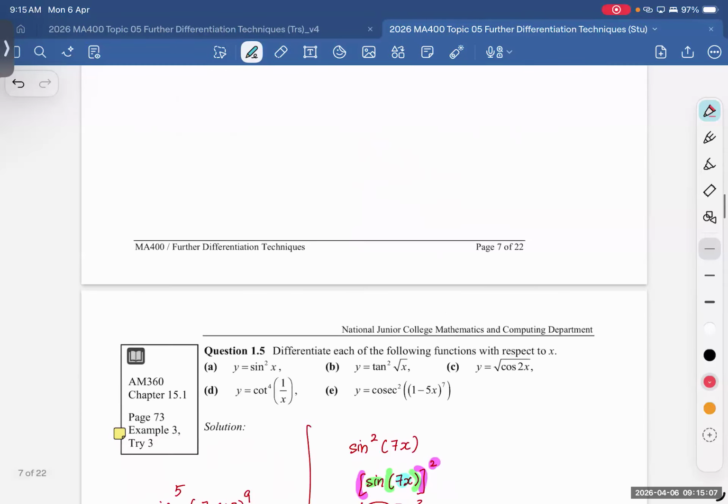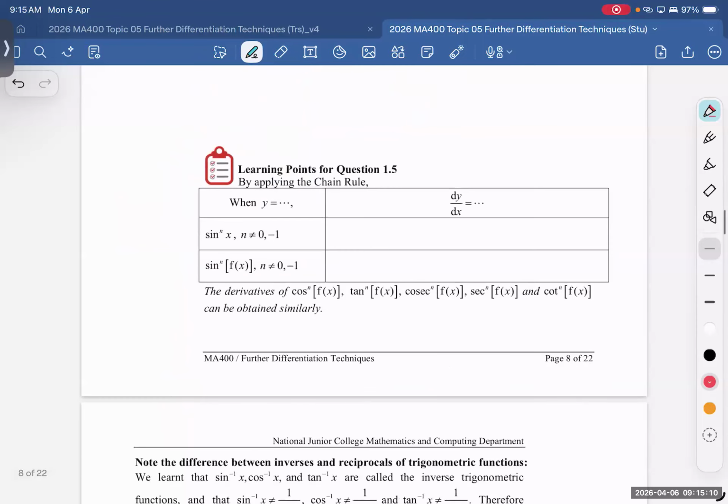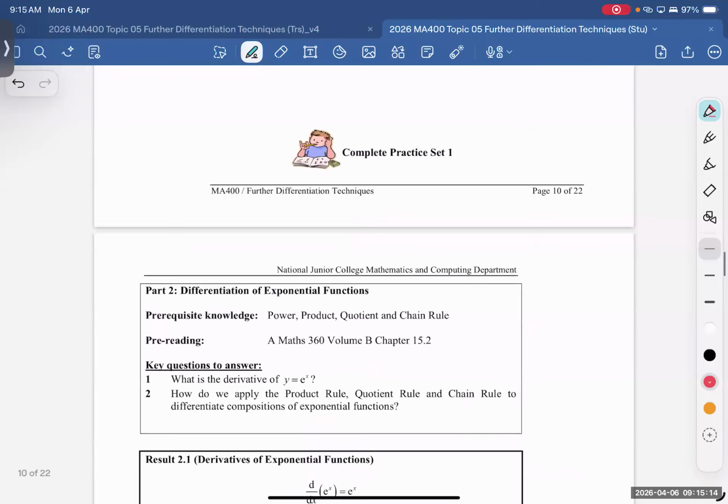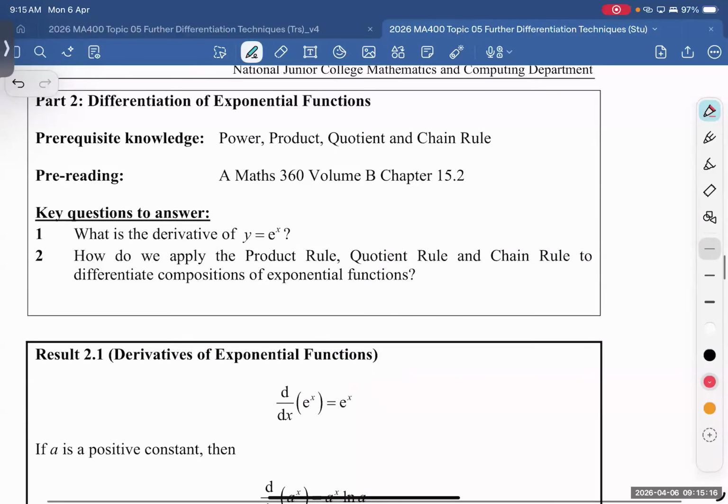Okay, so this is the first going through of part 2. Similarly, you are differentiating the exponential function. The derivative of an exponential function is actually itself.